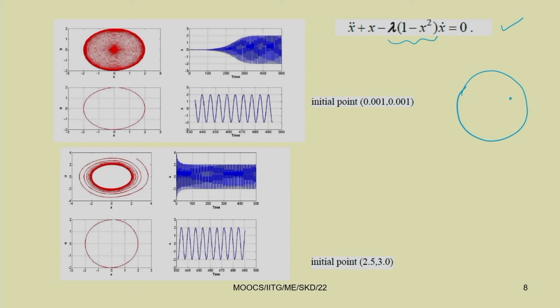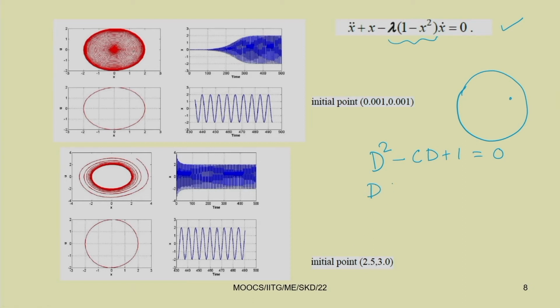We already know that if the damping is negative, we will have the auxiliary equation d square minus c d plus 1 equal to 0.